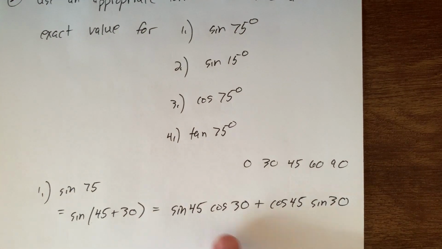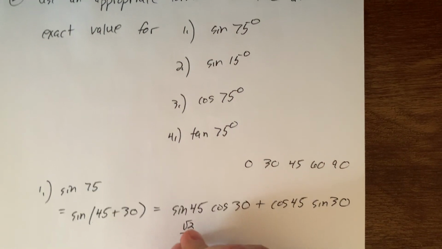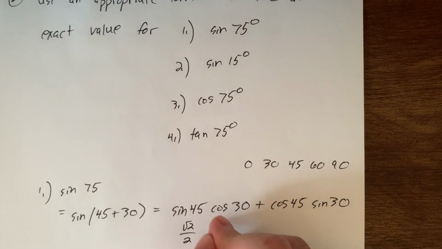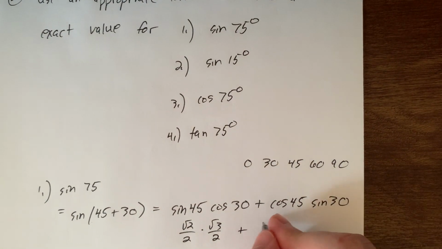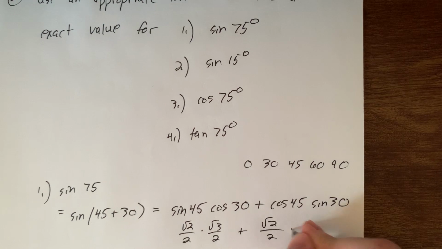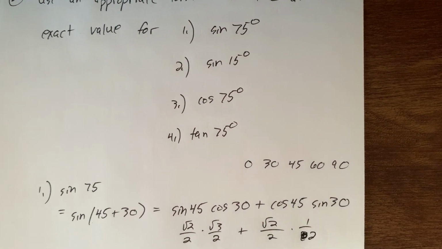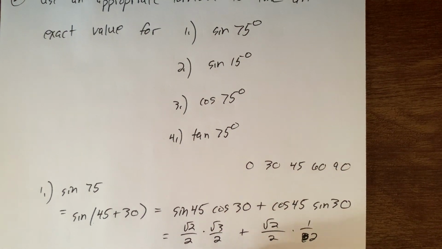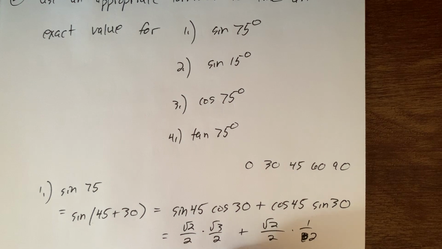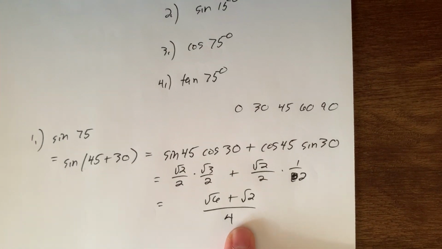And this one, every value is coming off of that chart. We know sine of 45 is rad 2 over 2. Cosine of 30 is rad 3 over 2. Those are being multiplied. Cosine of 45 is rad 2 over 2. Sine of 30 is 1/2. So we end up with radical 6 over 4 plus radical 2 all over 4.